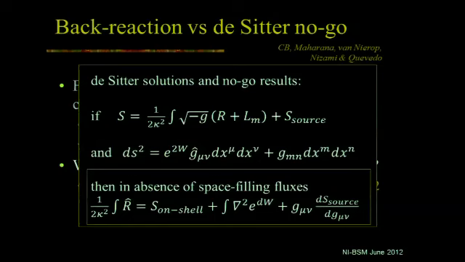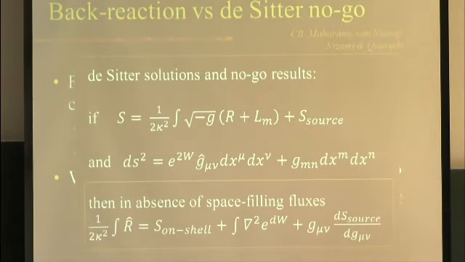So the way the argument typically goes is you've got an action, you've got the Einstein piece, and then all the rest of the stuff in your supergravity, and you've got these sources. And you look at the action at a configuration like this, where you've got some warped geometry and some extra dimensional geometry whose details aren't really going to be very important to what I say. If you look at the Einstein equations in the on-brane directions, the ones parallel to the sources, and take their trace, you can write it as a term involving the scalar curvature for this induced metric on the source, which I'm going to assume is maximally symmetric.